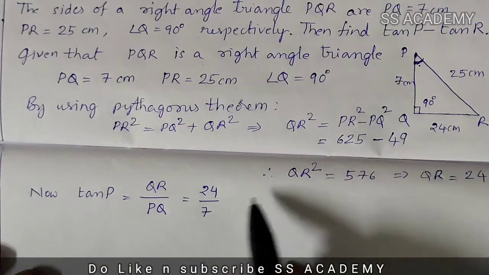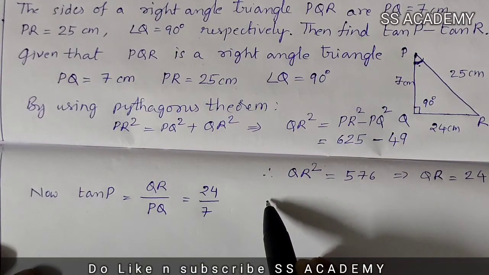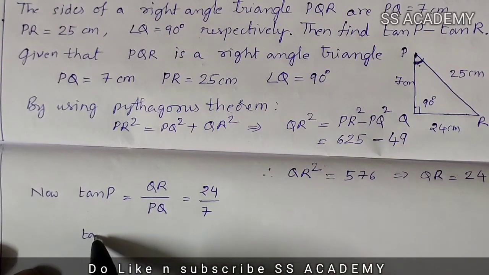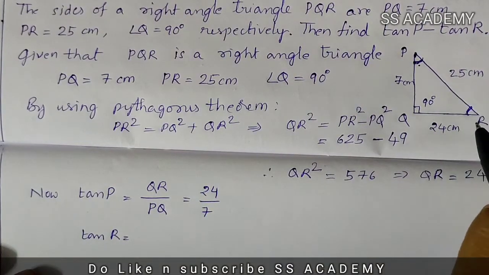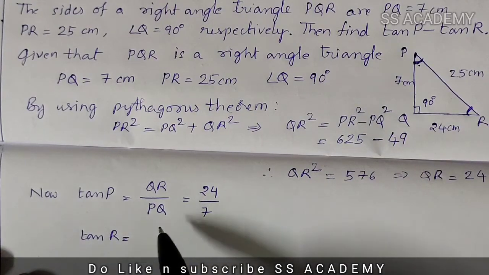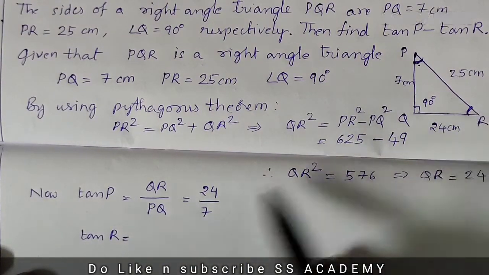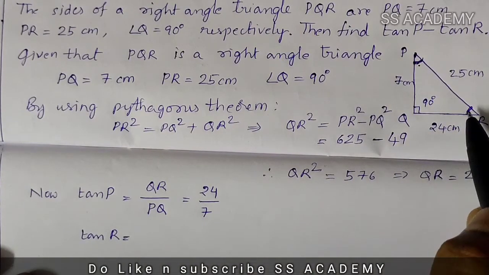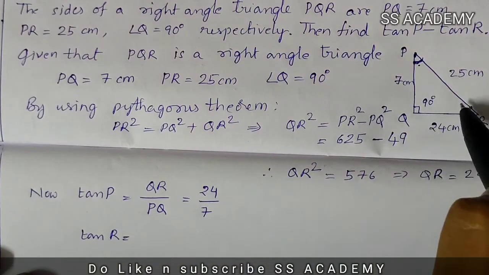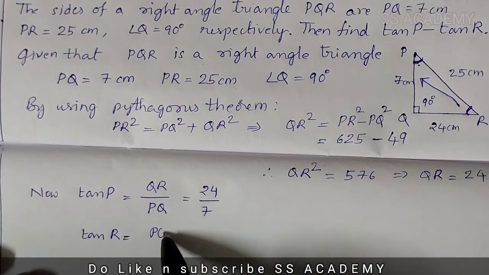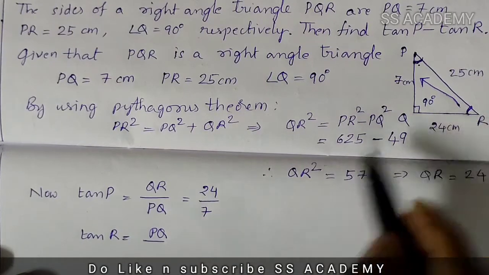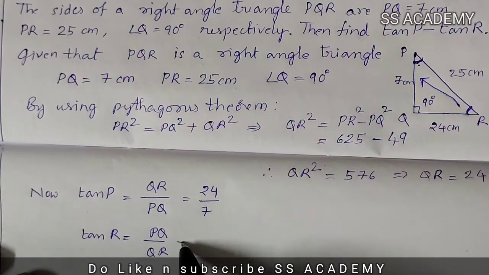So now let's find out tan R. For this you need to consider the angle at R. Here tan equals opposite side by adjacent side, and this is tan of angle R. For this angle, PQ would be the opposite side and QR is the adjacent side, so PQ by QR.